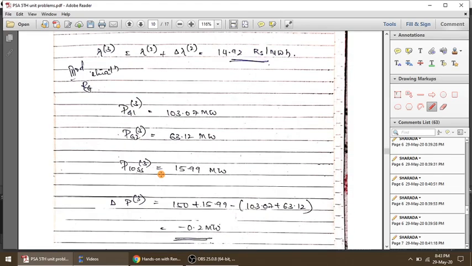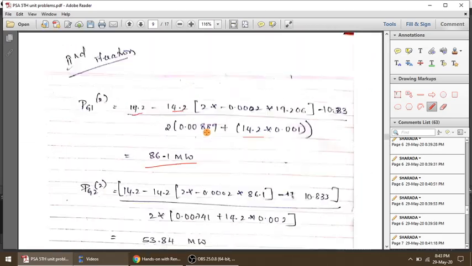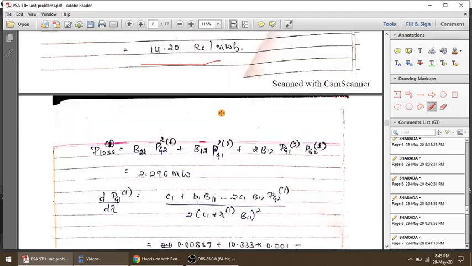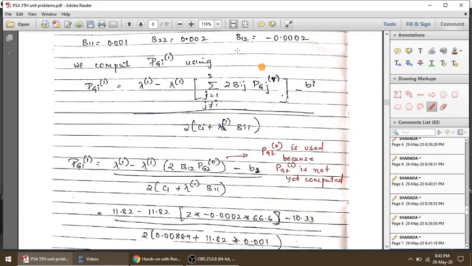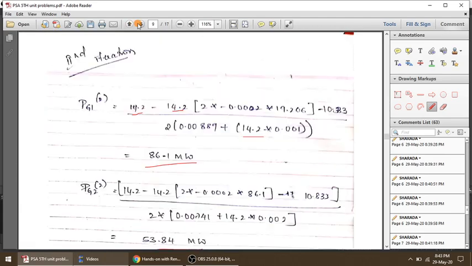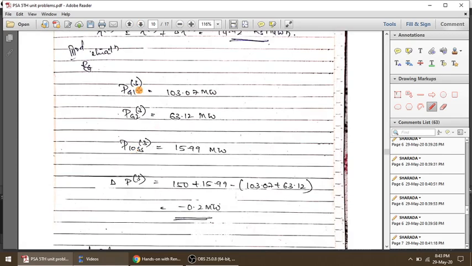Similarly, we'll start with the third iteration and we will use this expression to calculate pg1 of 3, pg2 of 3. Then we will calculate p loss.